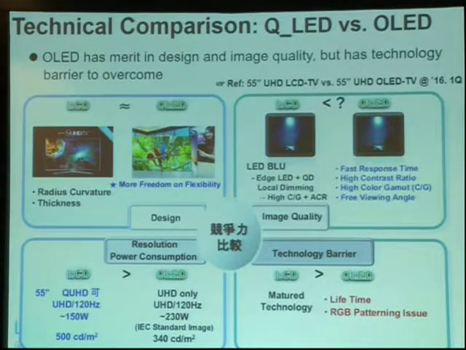In the case of the design, a curved TV, there is not much difference between the LCD and the OLED. By the way, in image quality, the contrast ratio of the OLED will be 500,000, while the contrast ratio of the LCD is around 7,000.